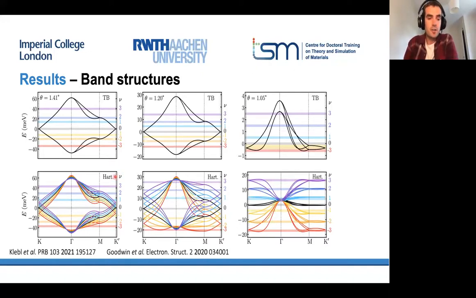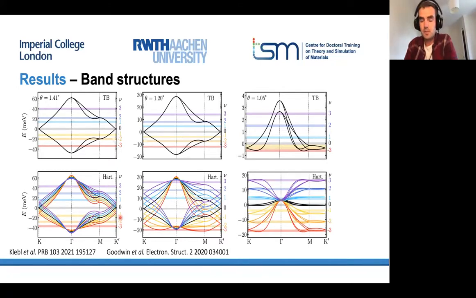Whereas the Hartree electronic structure acquires a sensitive dependence on the filling level. So you can see that when we add electrons into the system, the states at M and K shift up in energy relative to the states at gamma. And when we remove electrons, the states at M and K shift down in energy relative to the states at gamma.